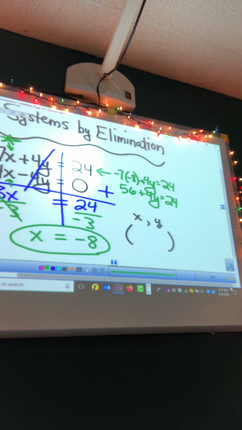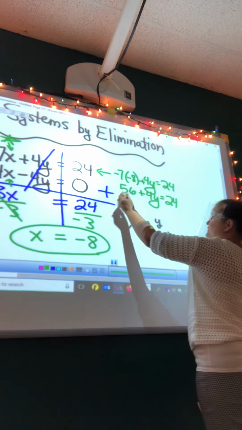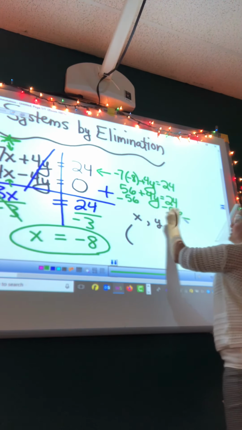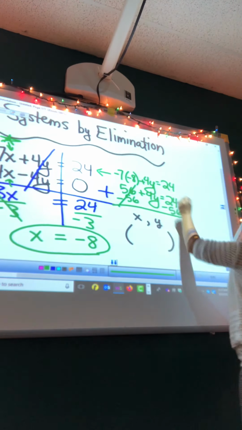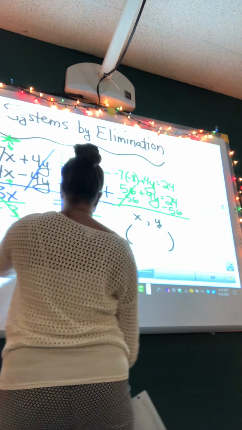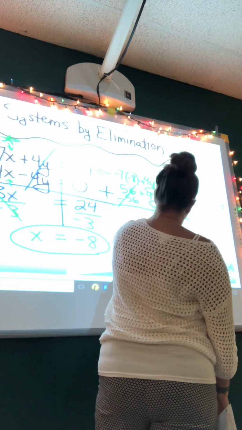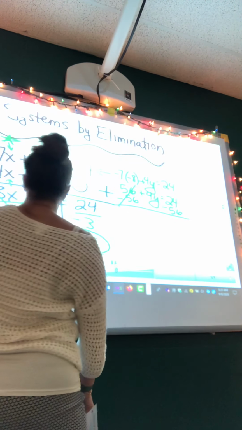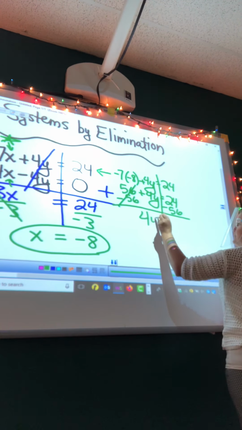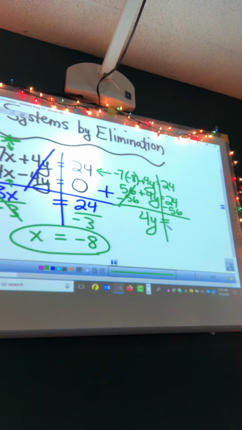Now what do I do? Very good. Subtract the 56. What I do to one side, I have to do to the other. That's the algebra of it. I am running out of space, but I'll just erase my little ordered pair here. All right, so 4y equals what is positive 24 minus 56?